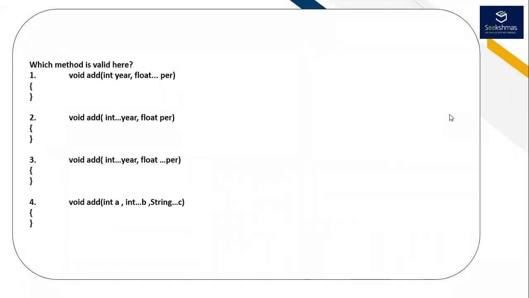Rules of variable arguments: this parameter should be at the end always.